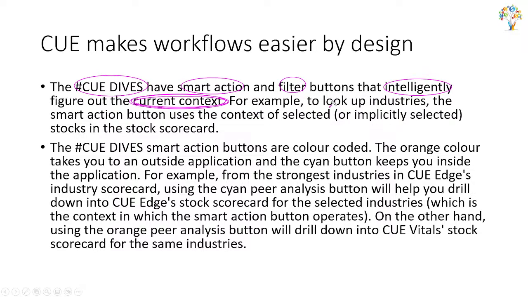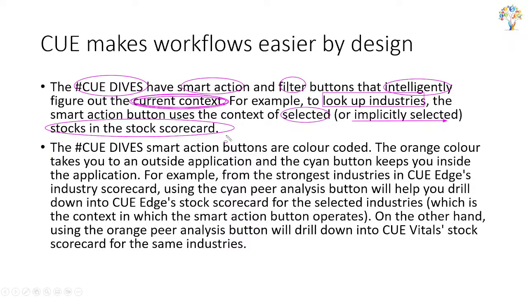Here is one example. To look up industries, the Smart Action button uses the context of selected or implicitly selected stocks in the stock scorecard.